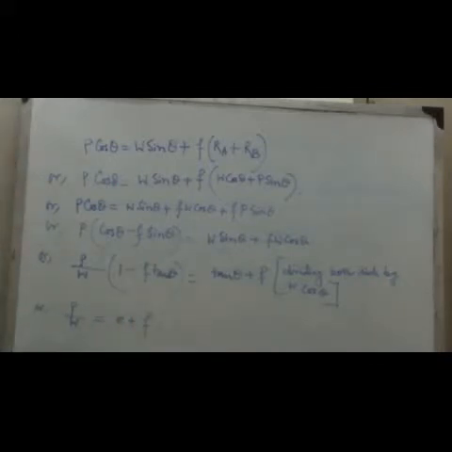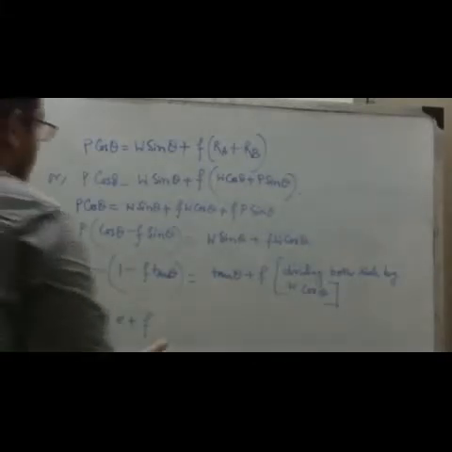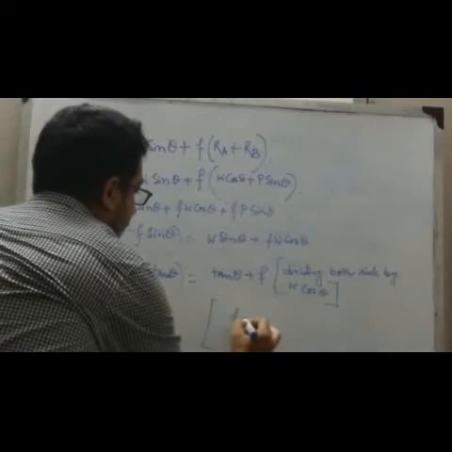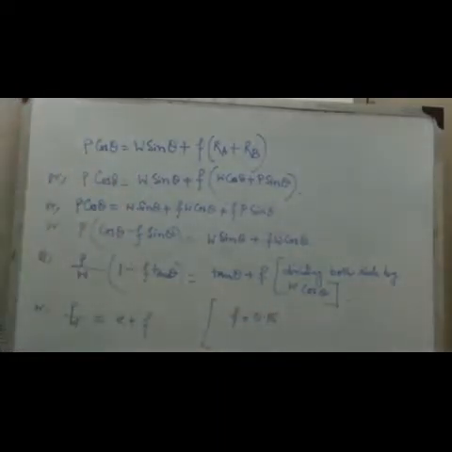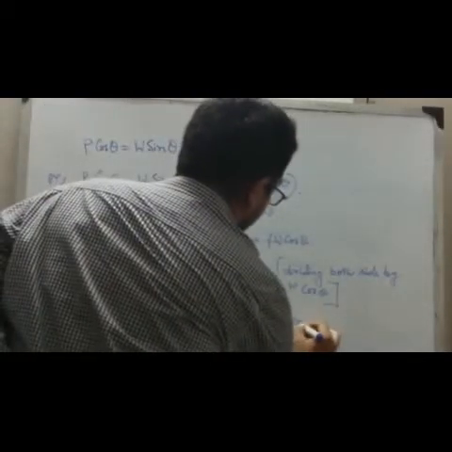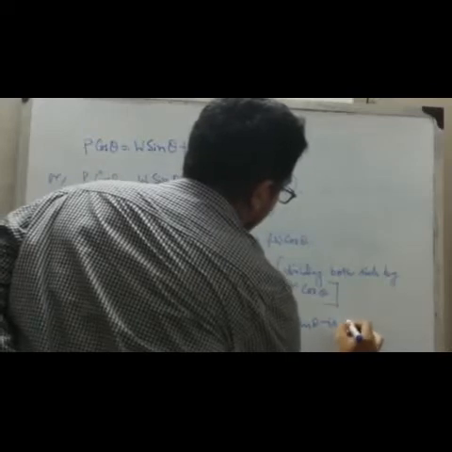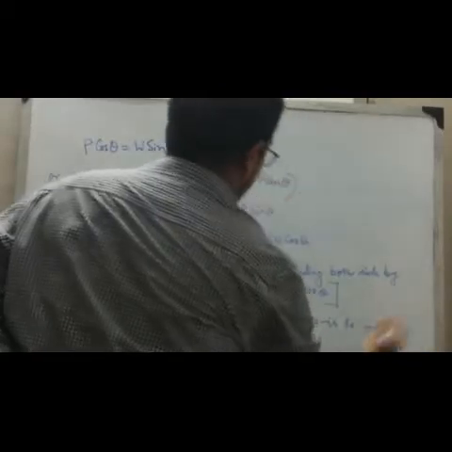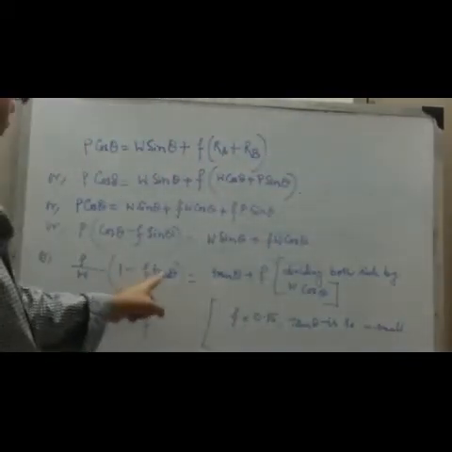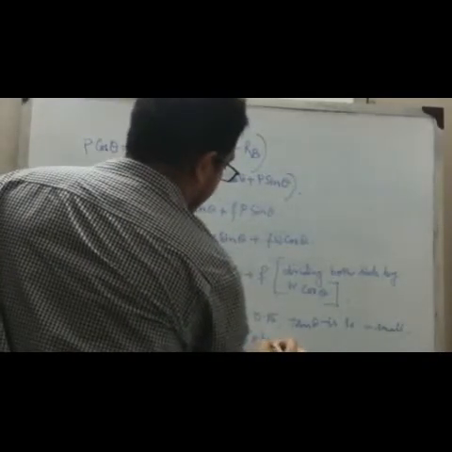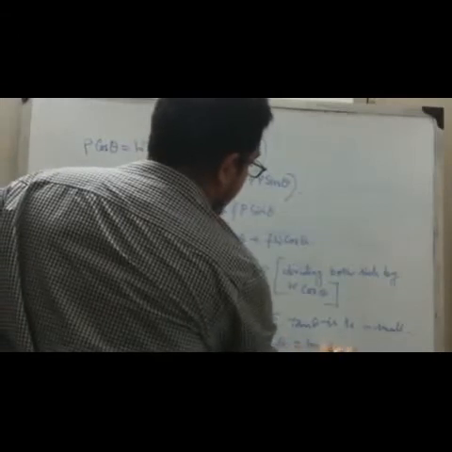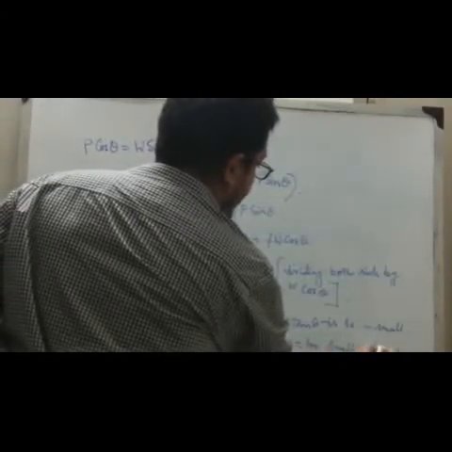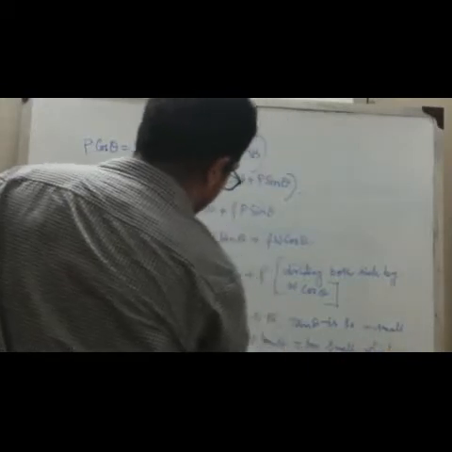Why? Because here the F value is actually 0.15, and the value of tan theta is so small, so the multiplication of F into tan theta is too small an amount, which can be ignored.